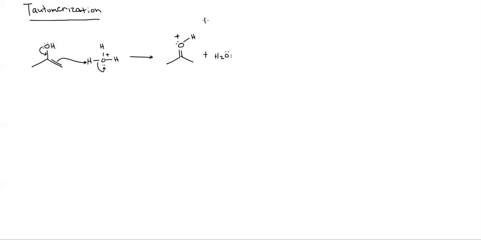So now what's going to happen is another water is going to come in, and it's just going to take that hydrogen off and put those electrons on there, and then I'm done. Okay, so then that just reforms my hydronium.